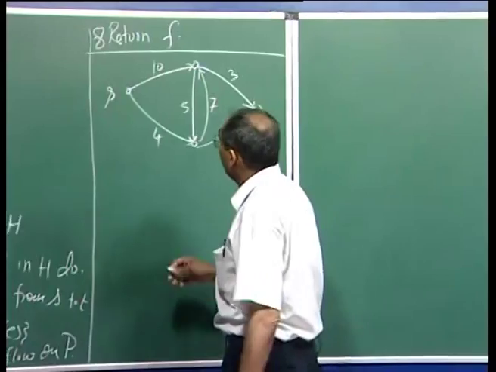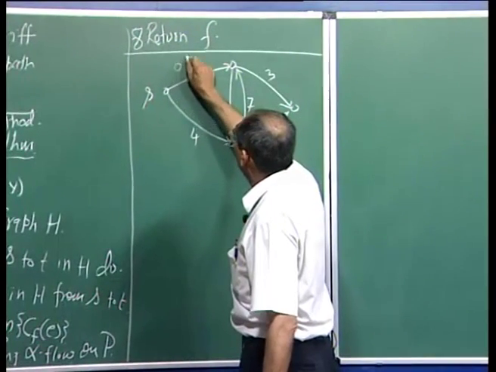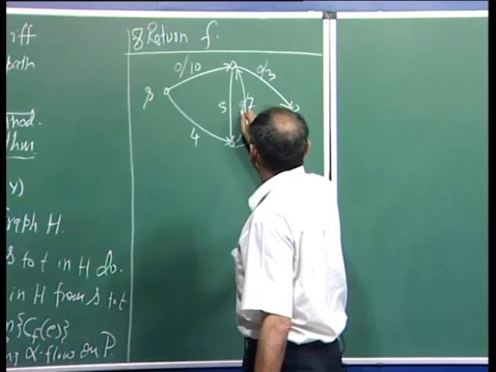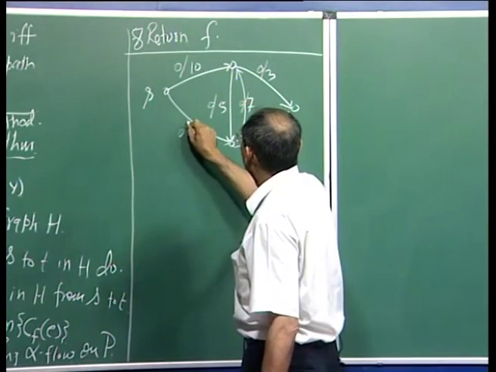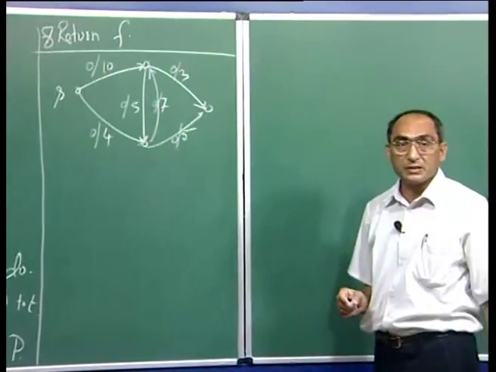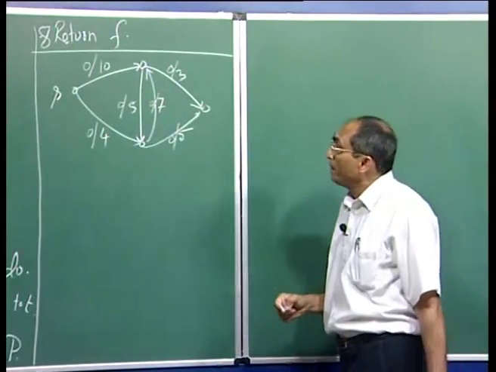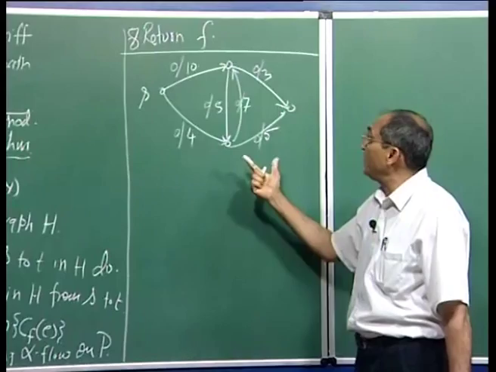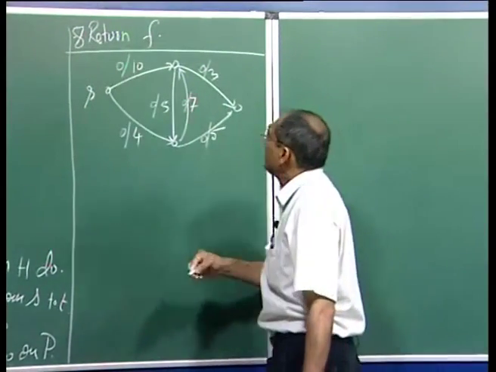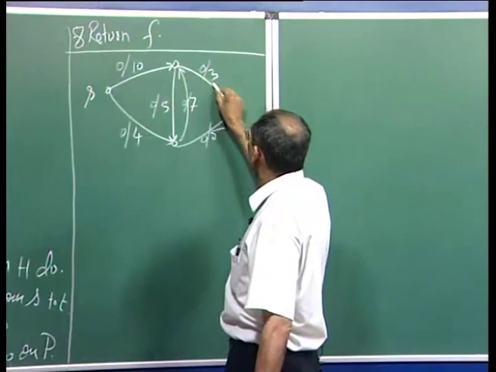Initially, I will have 0 flow on all the edges. This is the initial stage. Notice that the residual graph is exactly this. So, I pick a path. Suppose I take this path.